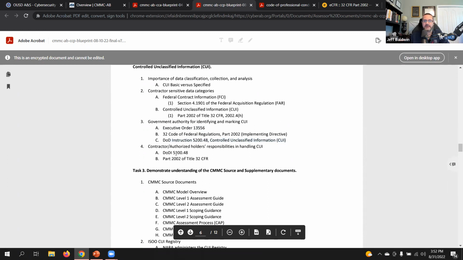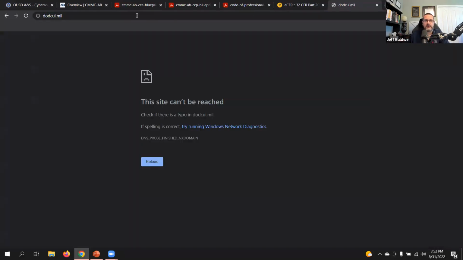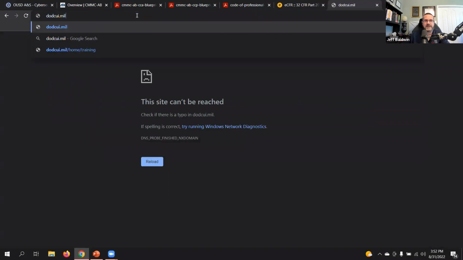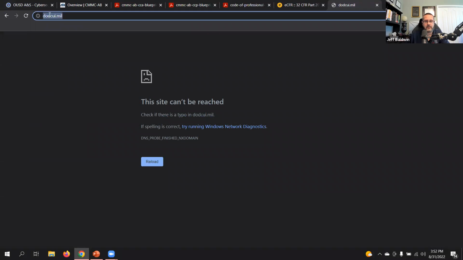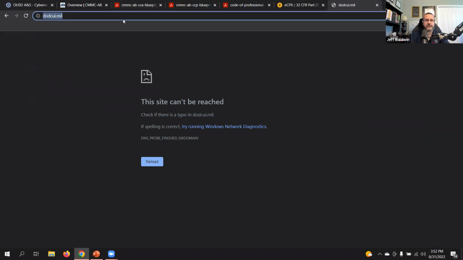So under DoD Instruction 5200.48, there are some protection requirements in there that you can look at to see what you should be doing when you're protecting it. And you also have the DoD CUI training that's available if you go to dodcui.mil. Oops, I might want to have an HTTPS in front of it. All right, or we can just Google it.